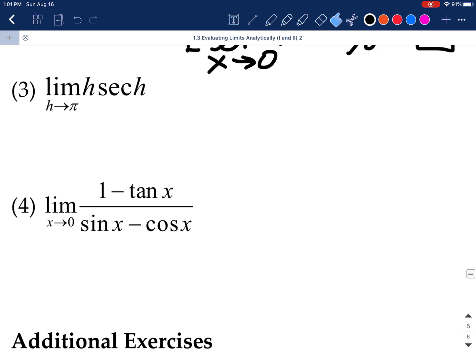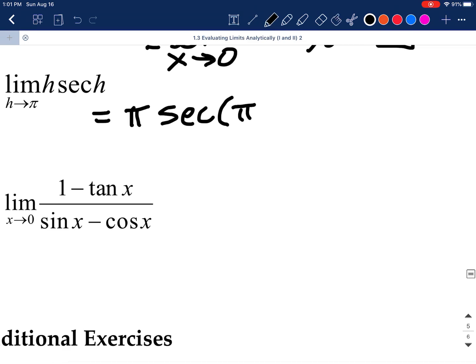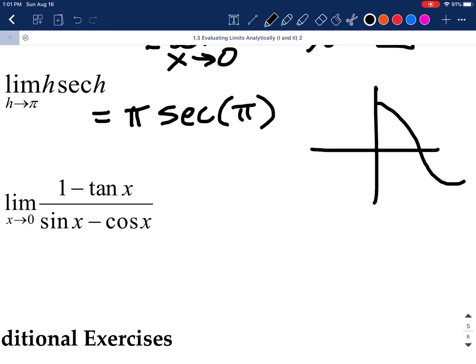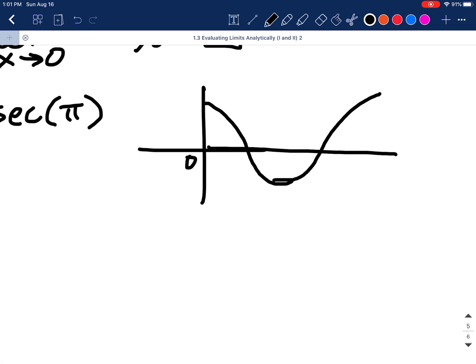For number 3, we've got secant. So let's see. So if we do direct substitution, we'll have pi times secant of pi. Okay, so what is secant of pi? Let's think about that. So our secant graph, again, is the reciprocal of the cosine graph. Let's draw a little cosine graph here.